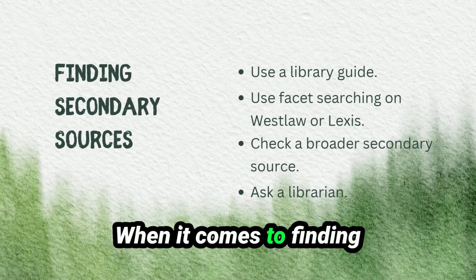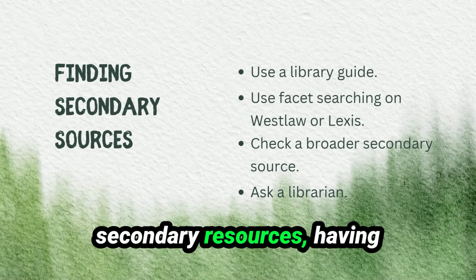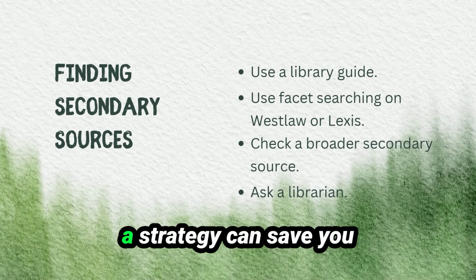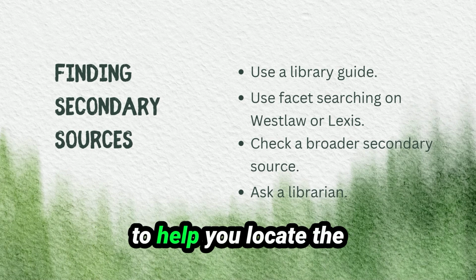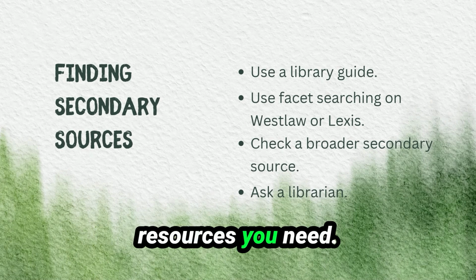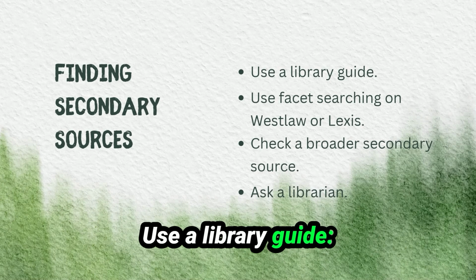When it comes to finding secondary sources, having a strategy can save you significant time and effort. Here are 4 methods to help you locate the resources you need. Use a library guide.